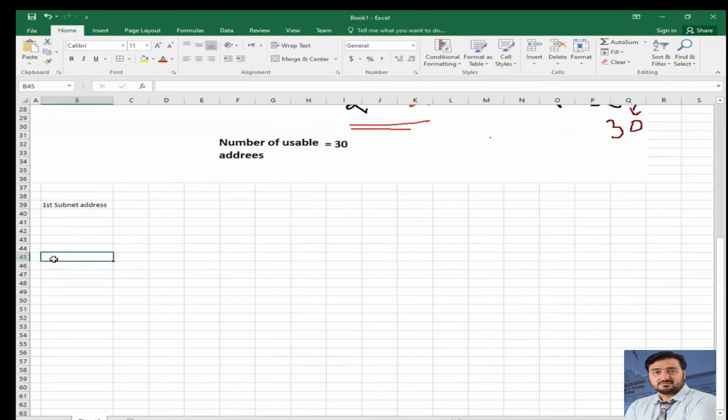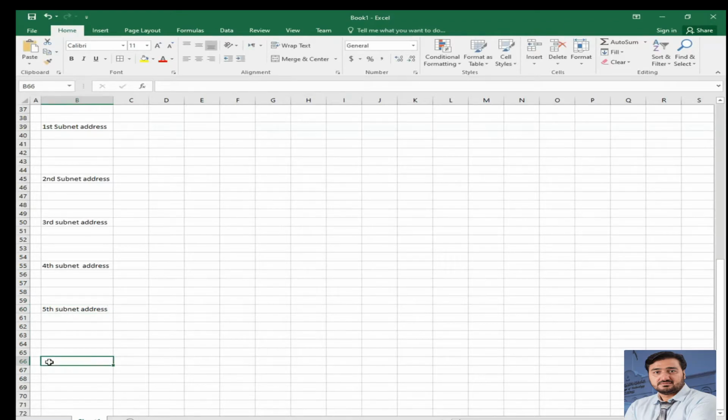Here I will write second subnet address. Third subnet, what should be the third subnet address? Here fourth subnet address, and fifth subnet address, and sixth subnet. So we should have the 6 subnets now based on the requirement.